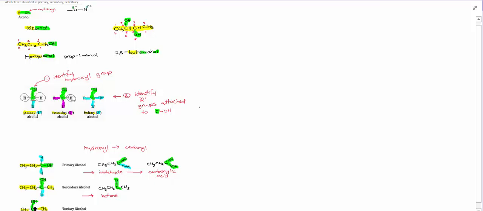Beyond that, you need to be able to identify if a structure is primary, secondary or tertiary, and also name and draw the products of oxidation of a primary or secondary structure, and acknowledge that there will not be oxidation of a tertiary structure.